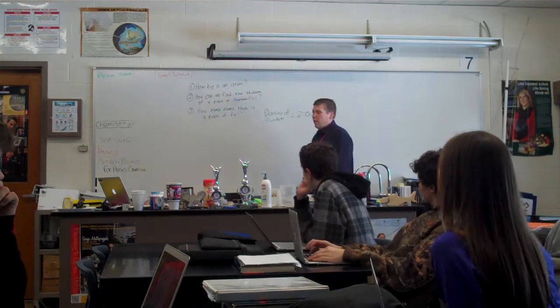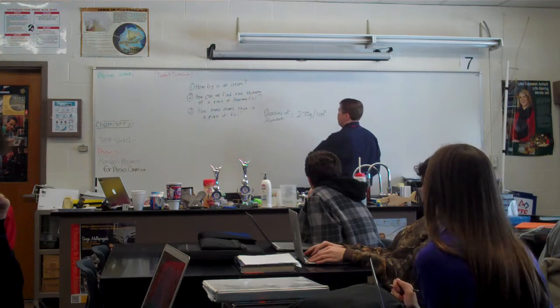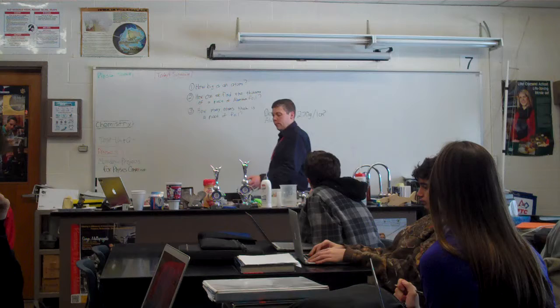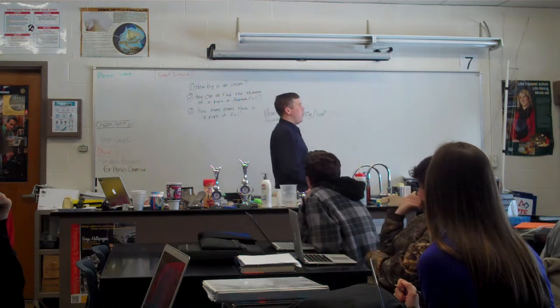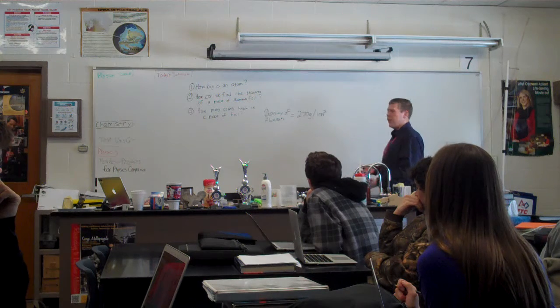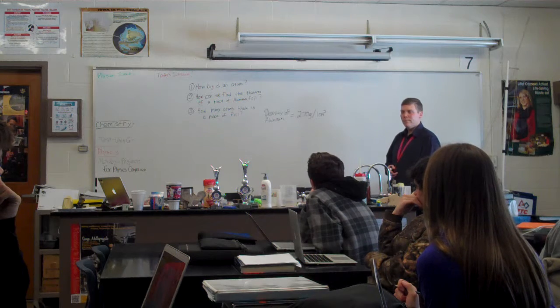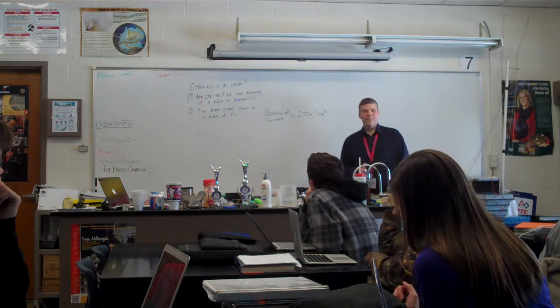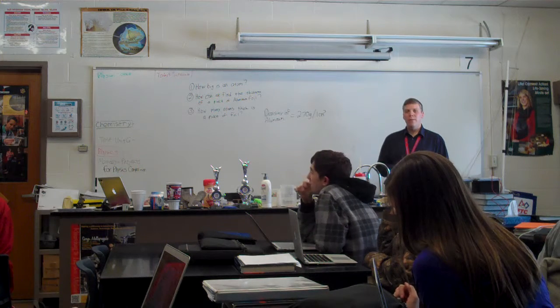All right? So once we have the density of aluminum, and each group will have their piece of foil, how could we go about starting to figure out how we could find the thickness? Any thoughts? How can we find the thickness of the foil?